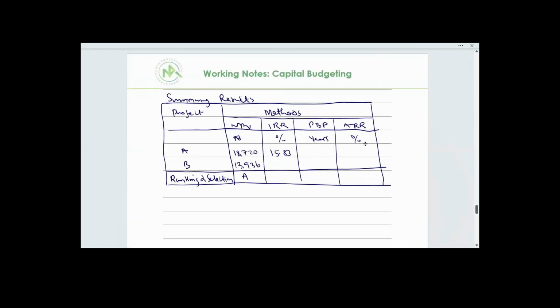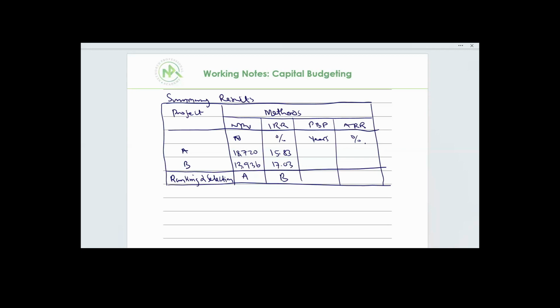Then for project B, we got 17.03%. Therefore, on the basis of internal rate of return, which of the two projects are you going to select? Project B, correct. Project B has a higher internal rate of return, relative to the company cost of capital of 10%.